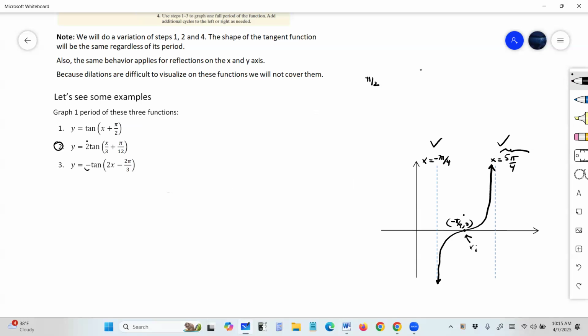Now, if that's correct, then when we replace this value with 5 pi over 4, so I'm going to write it here.